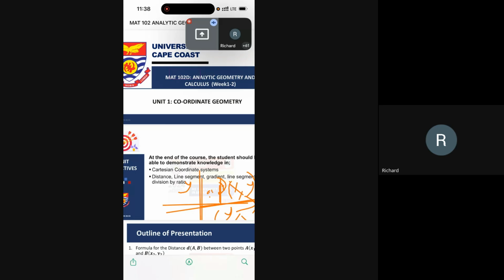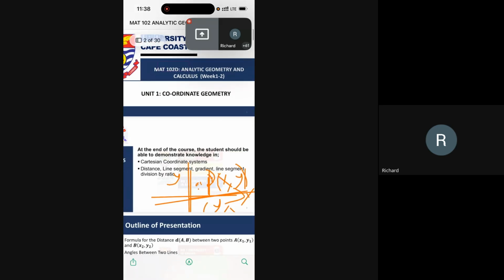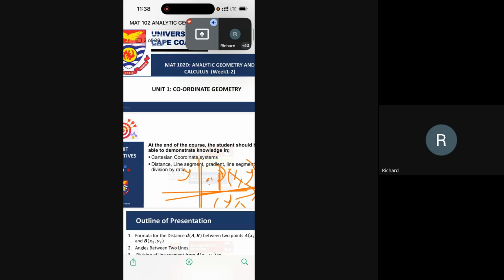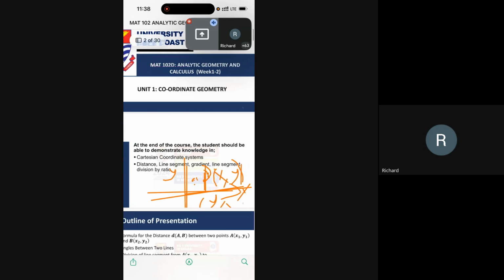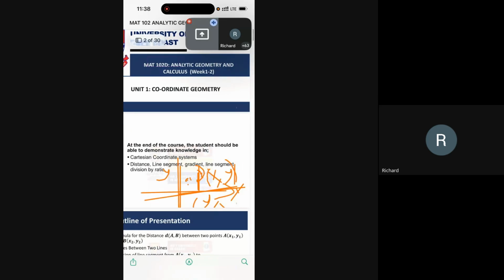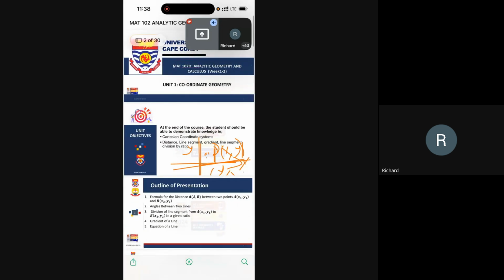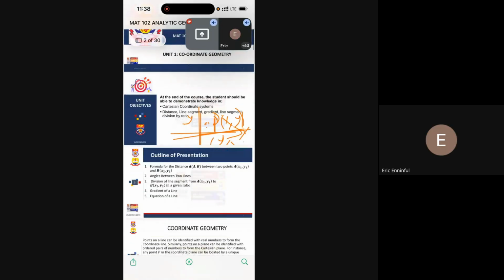So by the end of today, you should be able to demonstrate knowledge in the Cartesian coordinate system. You should be able to find distance of line segments, gradients, and divide a line segment into a ratio. So that's what we're going to do today.